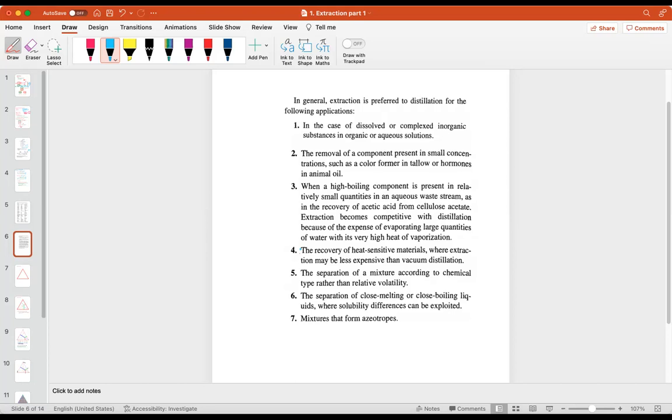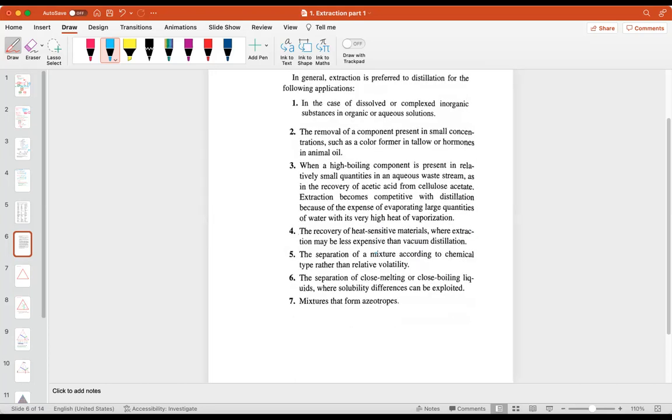So we can use extraction compared to distillation. This is the recovery of heat sensitive material, because sometimes with essential oil the temperature is too high, so we have to use vacuum distillation, and vacuum distillation is quite expensive, so we can use extraction.